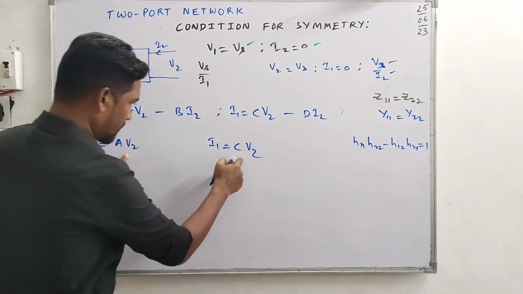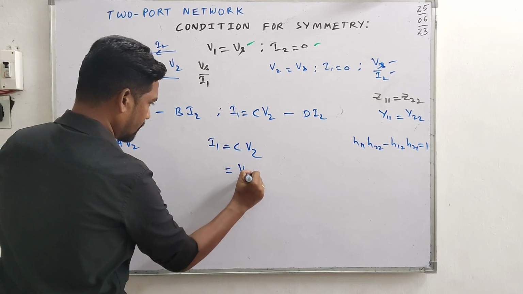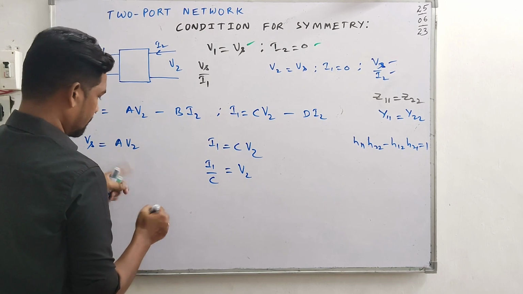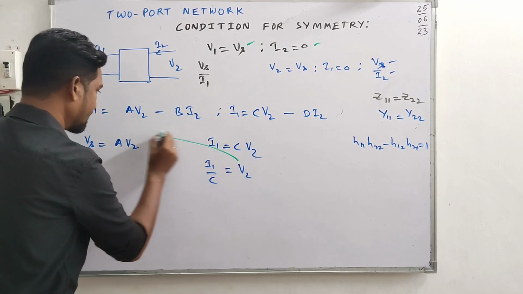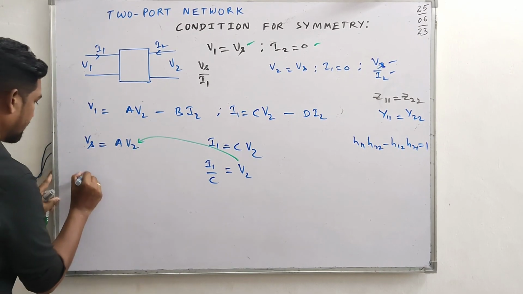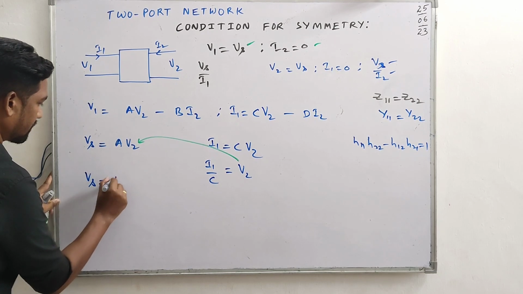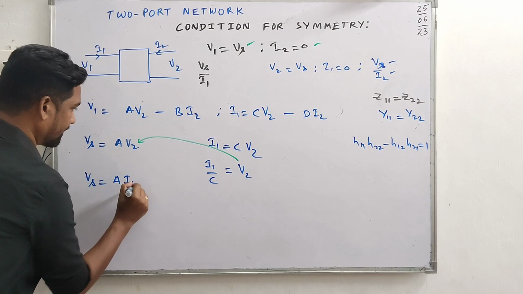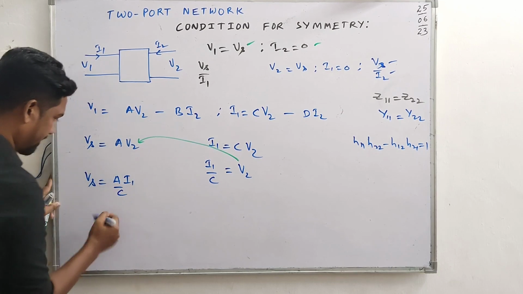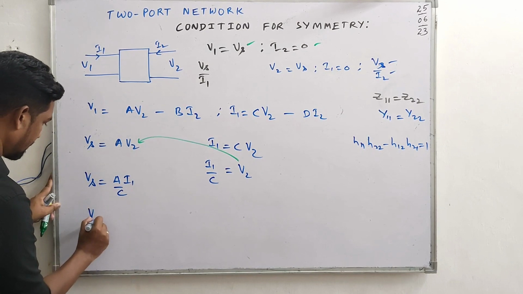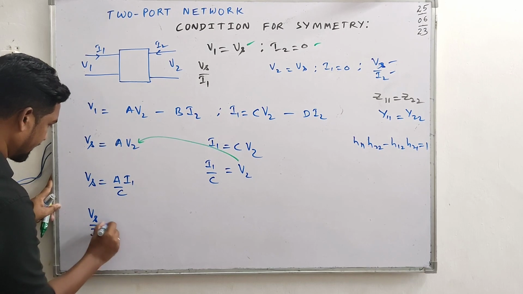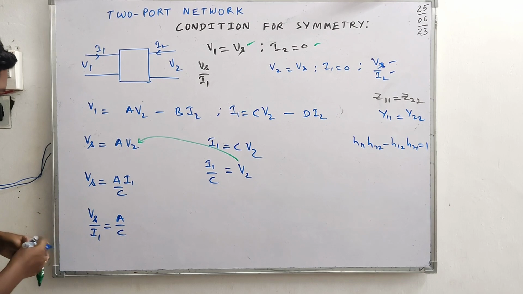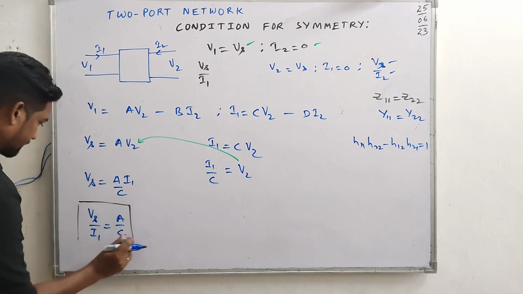From this expression we have V2 equals I1 upon C. Plugging this V2 expression over here, Vs will be equal to A times I1 upon C, and we are in search of Vs upon I1, that is A upon C. This is one of the equations to be compared with.